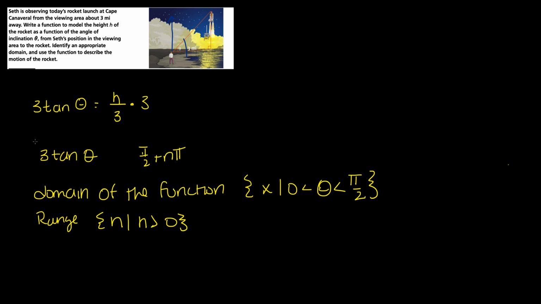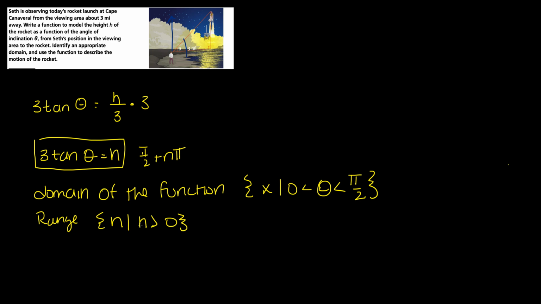Here is my equation to model the angle at which Seth is looking at the rocket. We know he is going from 0 to pi over 2, because anything above would be the rocket above his head. And again, the rocket doesn't go into the ground. The rocket's height has to be at least 1, because you don't have a rocket otherwise. And there you go.